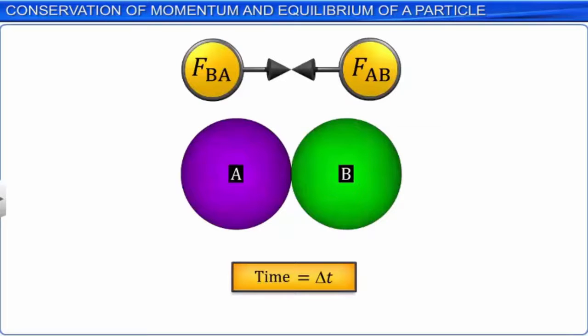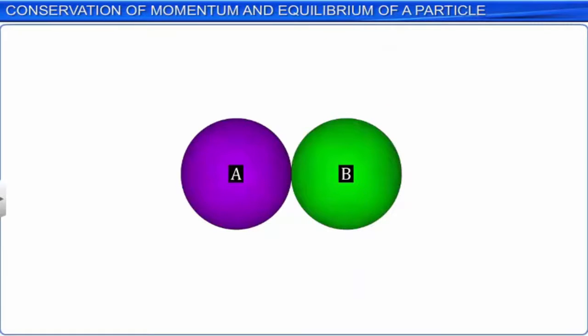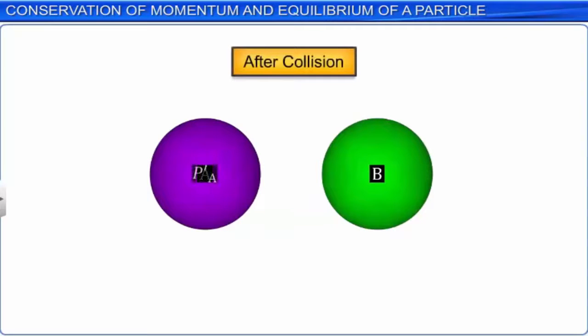FAB is the force on A by B, and FBA is the force on B by A. These two forces are equal in magnitude but opposite in direction. Now, the final momentum of A after collision is P-A, and the final momentum of B after collision is P-B.